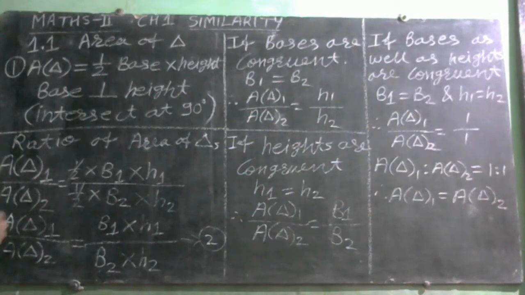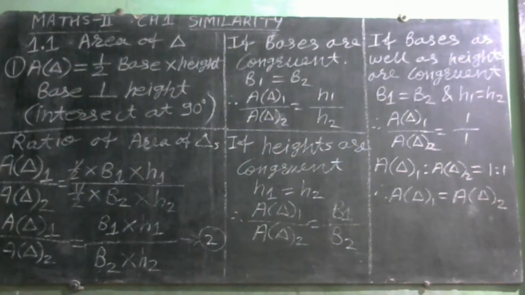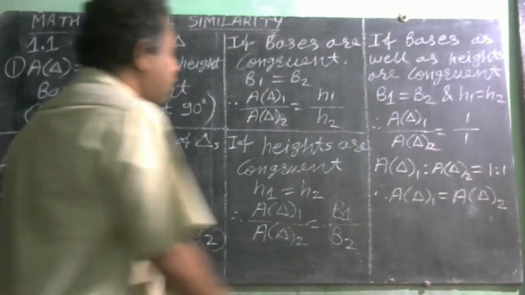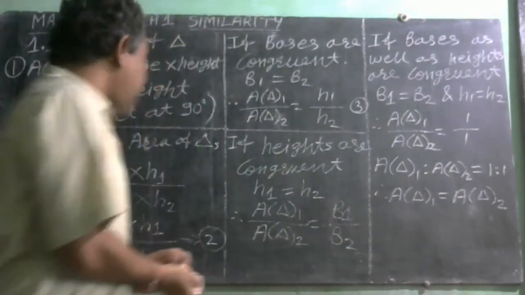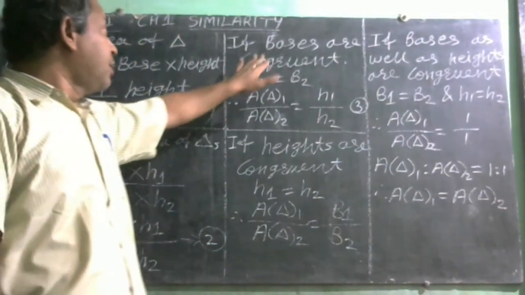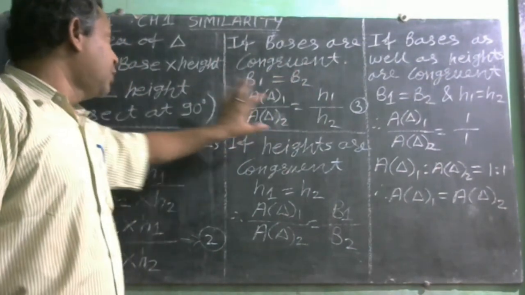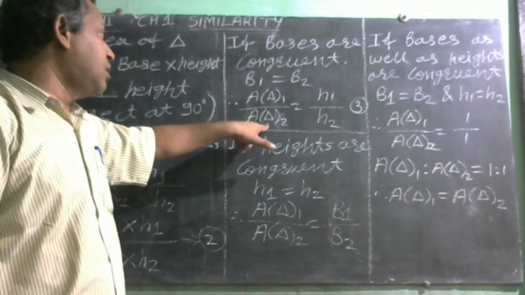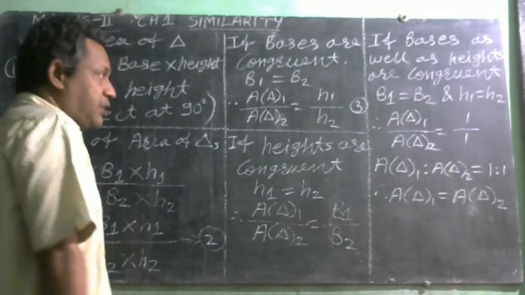If we have to find the ratio of area of two triangles, then they will be proportionate to the product of base and height. This is the third one. If in any case bases are congruent, then B1 equal to B2. Therefore, ratio of area of two triangles equal to ratio of their heights.